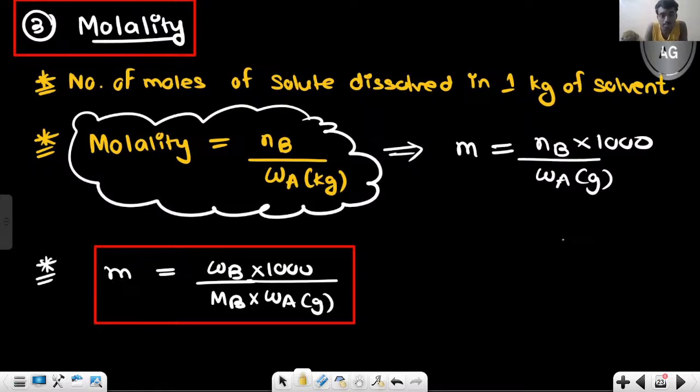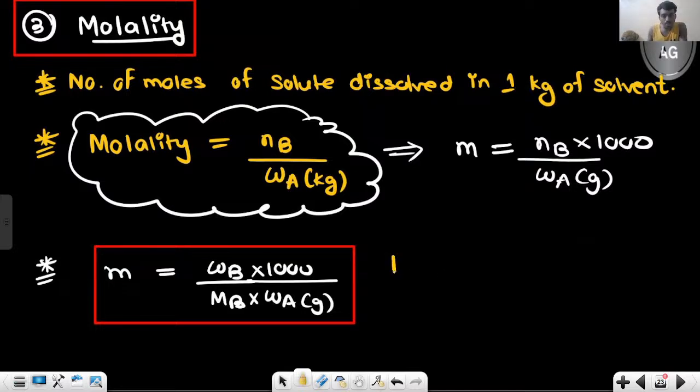We take the weight of the solvent only. So NB divided by WA in kg. Nothing in kg will be given in the question, so you have to convert gram to kilogram, dividing by 1000, so it will be into 1000 in the numerator. Simple. Expanding NB again, m equals WB by MB into 1000 divided by WA. The derivation is done.